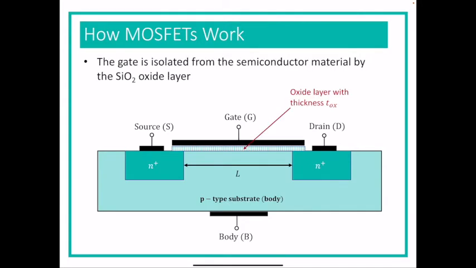The gate is isolated from the semiconductor through the silicon dioxide layer with a thickness, which we talked about before, and there is no current flowing into the gate, but there is a voltage. The insulating silicon dioxide layer prevents any current from going in there.